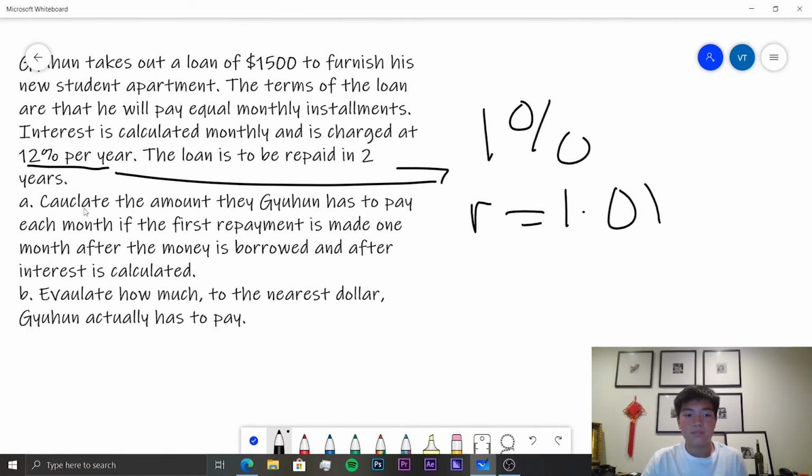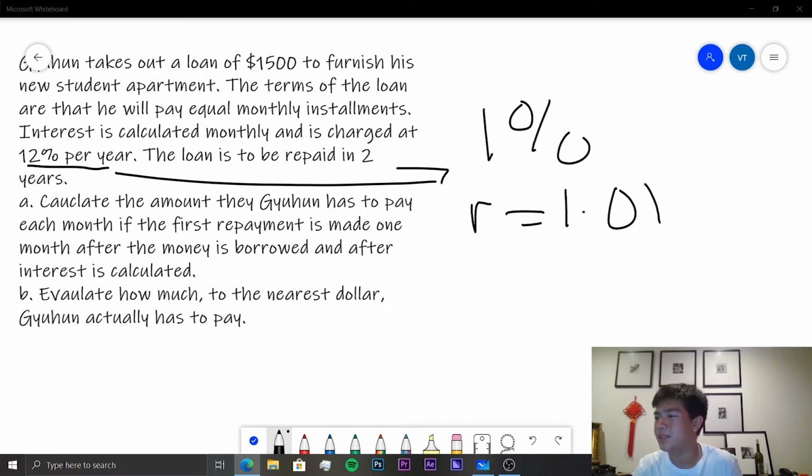So, we need to calculate the amount Yu-hun has to pay each month. Do we have to calculate it for every single month? Or do we just have to calculate it for the first month? I think we just have to calculate it for the first month.